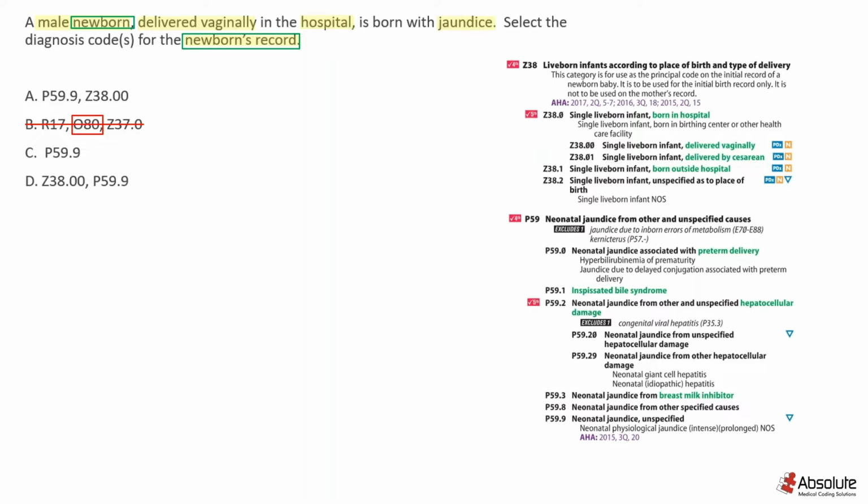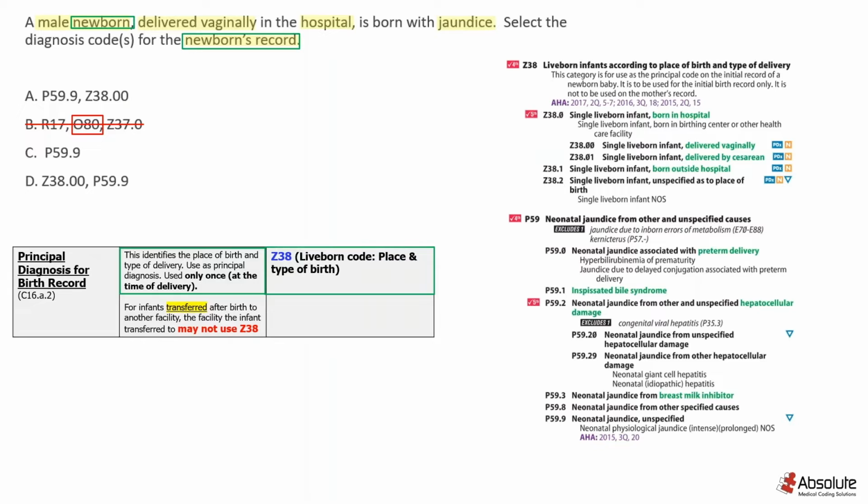If you knew that guideline, you could eliminate option A, option B, and option C. The correct answer is option D, as most of you have said, which is coding for Z38.00, a single live born infant delivered vaginally, born in a hospital, and P59.9, which is coding for neonatal jaundice.